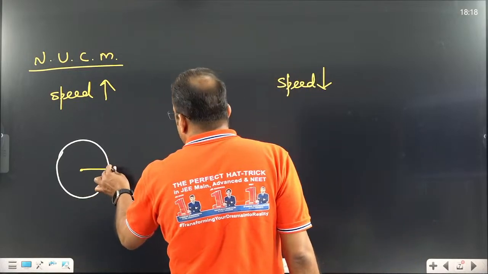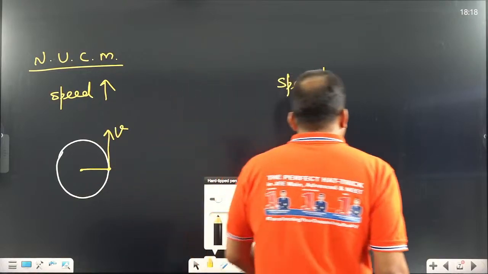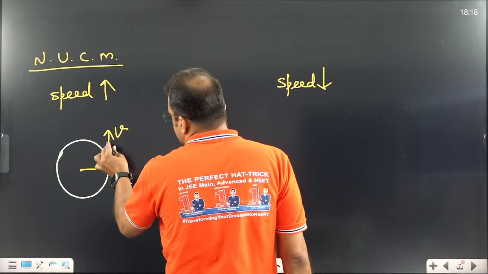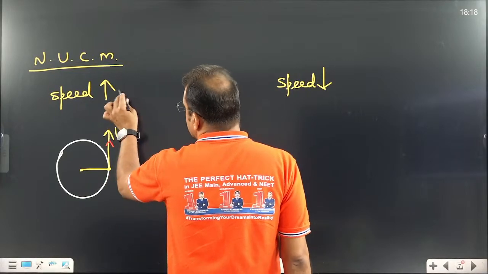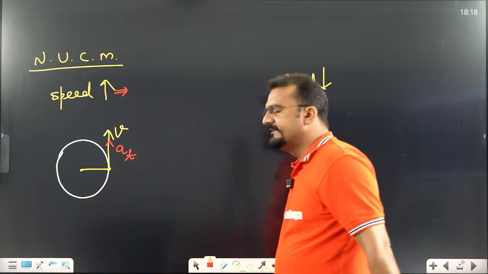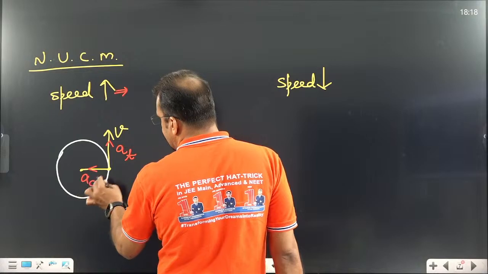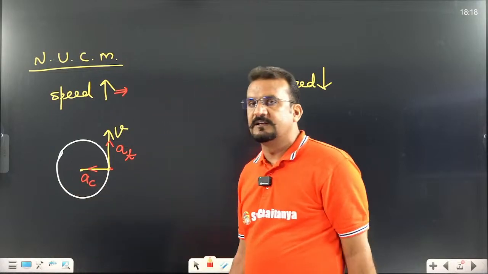Let us assume velocity is in this direction. That means if speed increases, acceleration will also be in this direction. But which acceleration here? On the tangent side it is tangential acceleration. The direction of centripetal acceleration at a particular point is always towards the center.